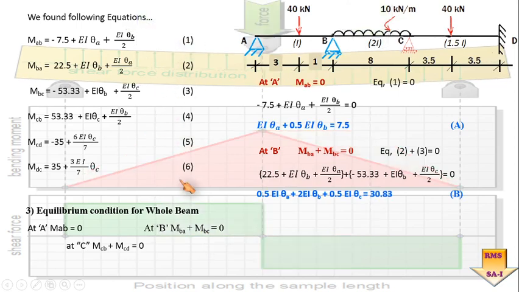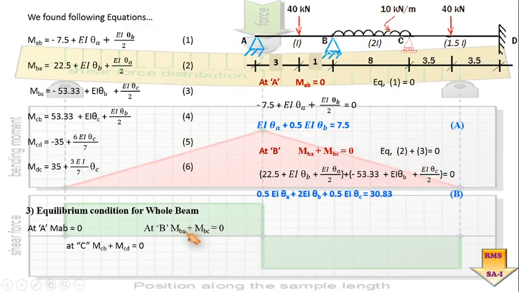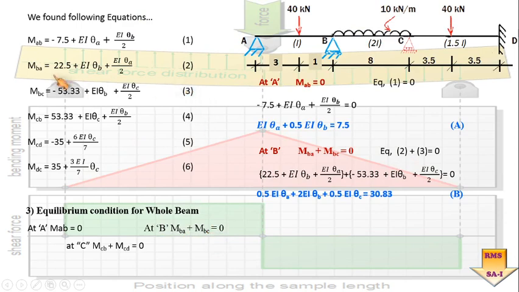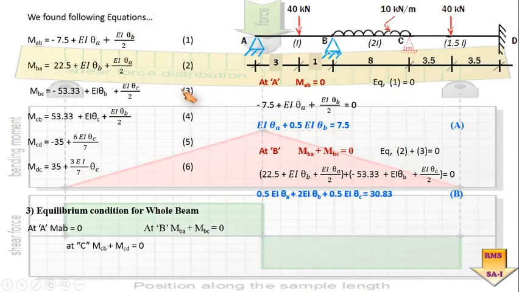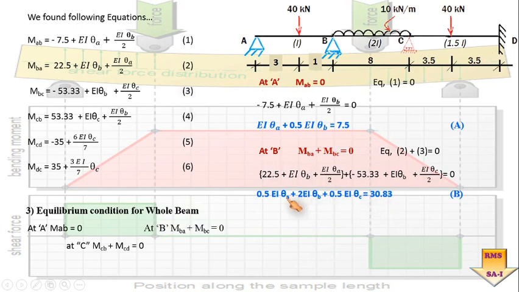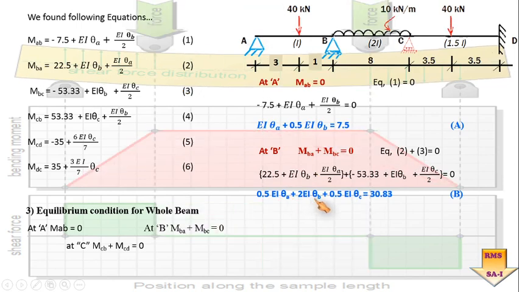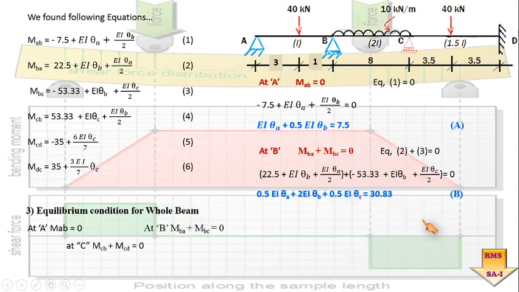So from this we will be choosing one equation which is relevant to this particular condition. So that is MBA and MBC are to be simply added together. So MBA equation number 2 and MBC equation number 3 are to be added and simplified so as to get another equation number B, which will be in terms of theta B, theta A and theta C. So this is how we have worked out this another equation.